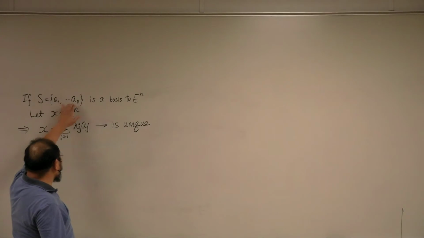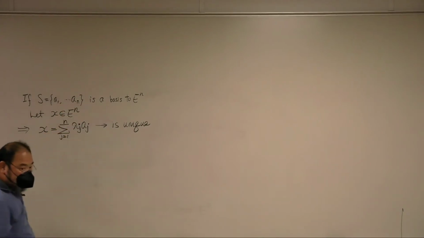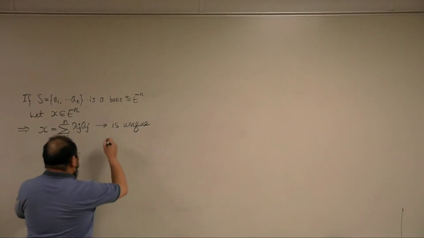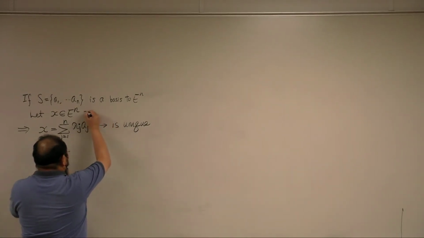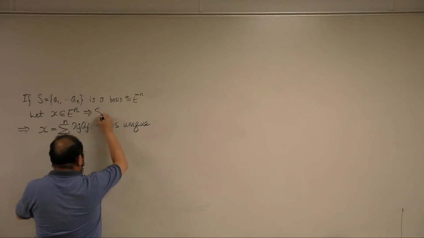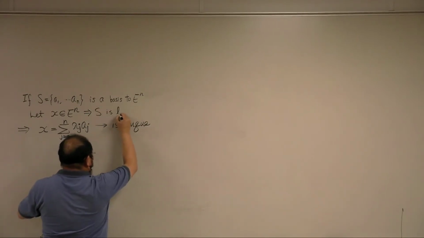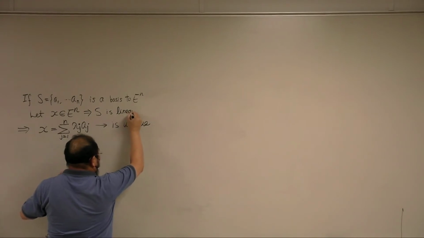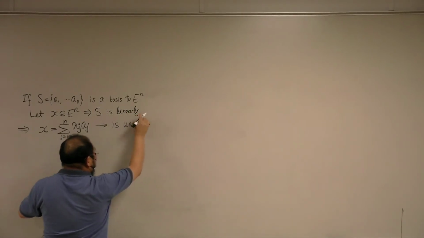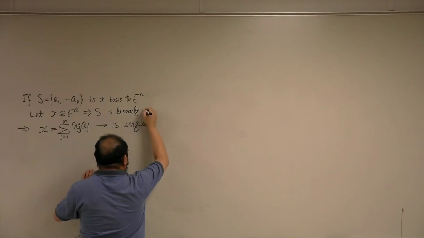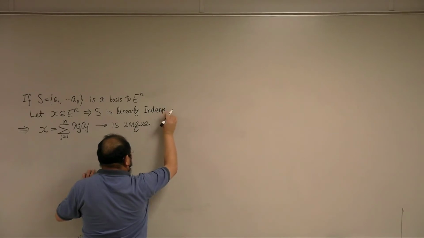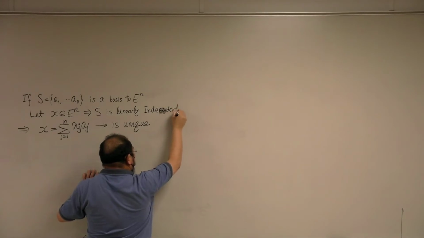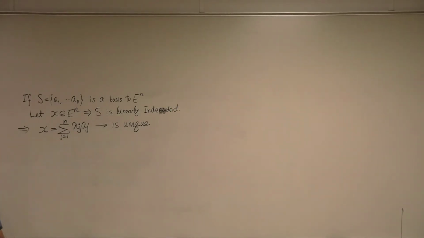So that means A1 to AN are also linearly independent. So that also means what? I'm just writing down all these equivalent statements. Okay?